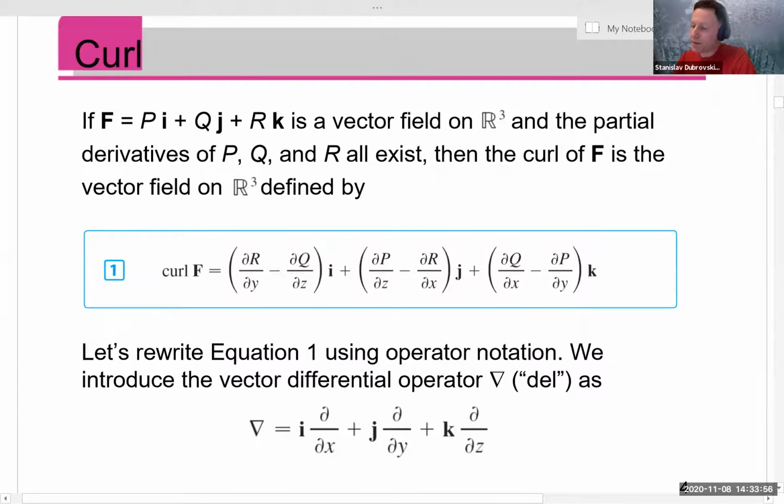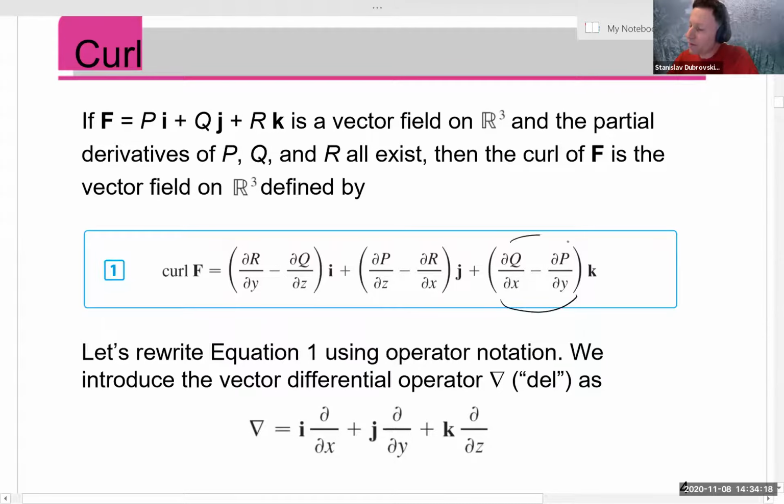Before an example, let's look at this formula for the curl. That may be a little strange if you look at it the first time and wonder, okay, how am I going to remember this complicated formula? But notice what you have in the last component, dQ/dx minus dP/dy.